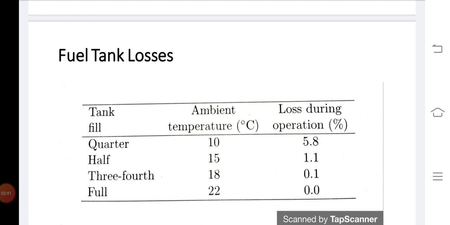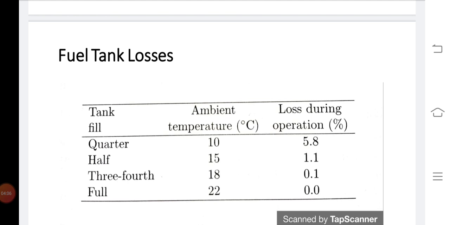From that chart we can see, if the tank is full with an ambient temperature of near about 22 degrees centigrade, there can be zero losses. If you fill a smaller amount of fuel in the fuel tank, say a quarter, your ambient temperature may be less, but the losses will be high.